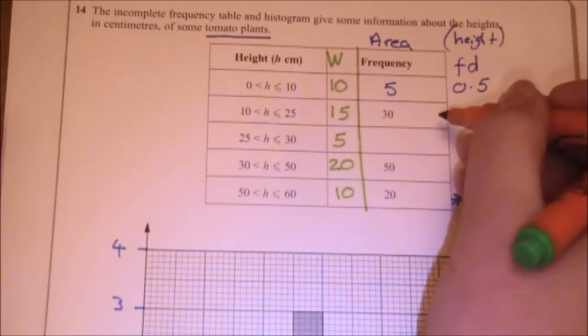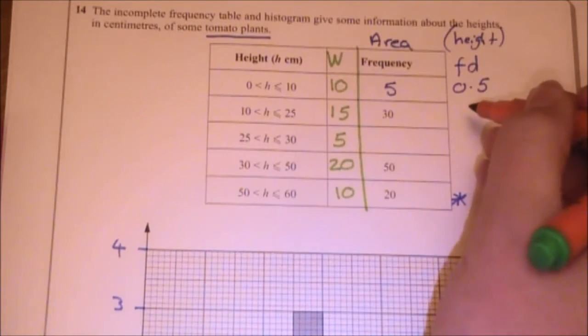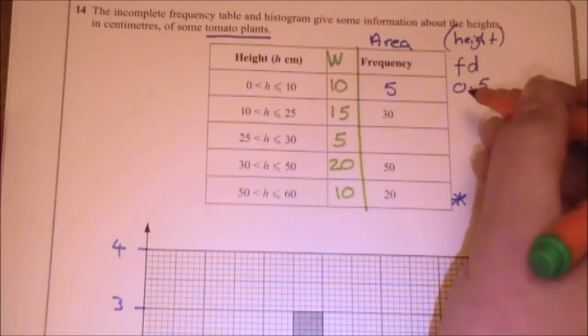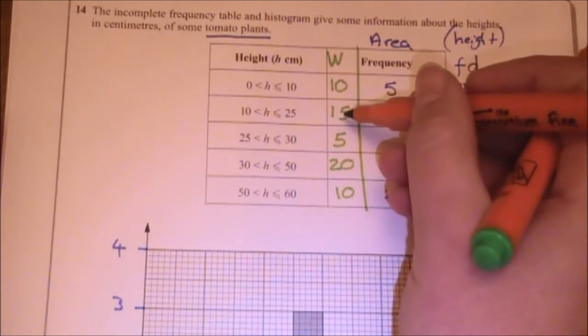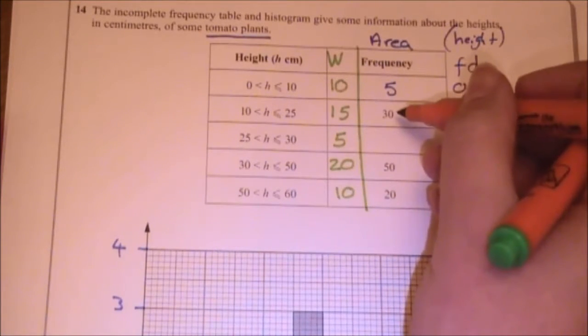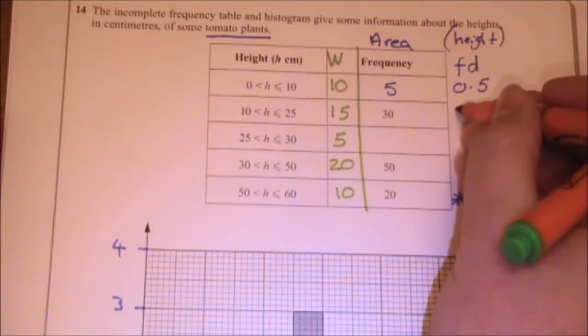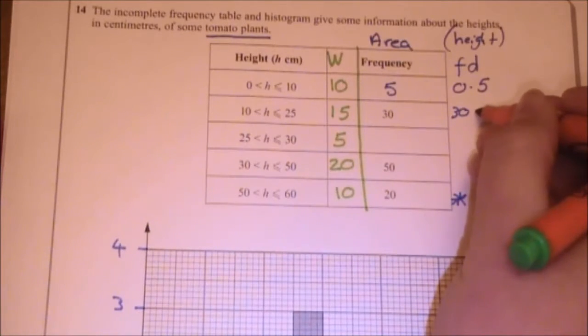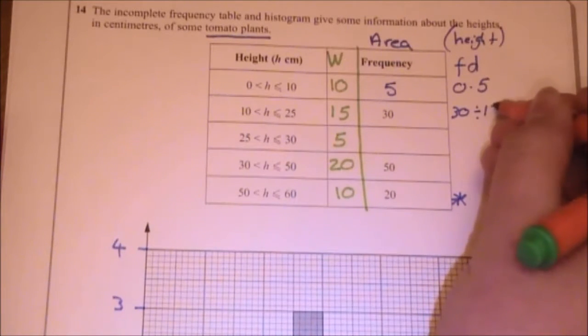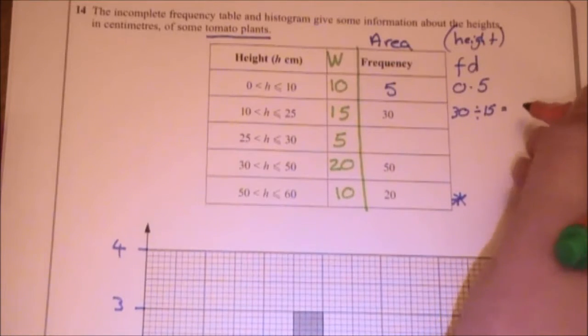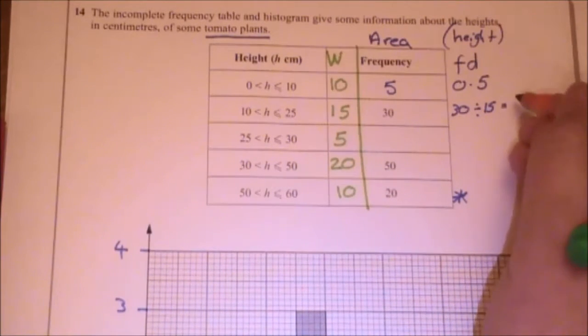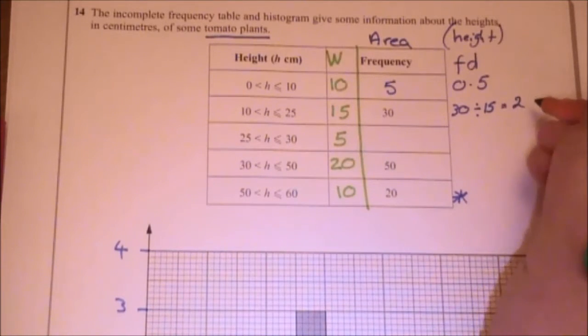Now for this one, I need to draw the bar in, so I need to find the frequency density. It's got a width of 15 and it's got a frequency or area of 30. So in order to find the frequency density or height, I need to take my 30 divided by my 15, because area divided by width equals height, and 30 divided by 15 is 2.